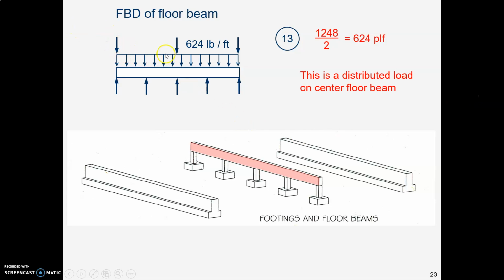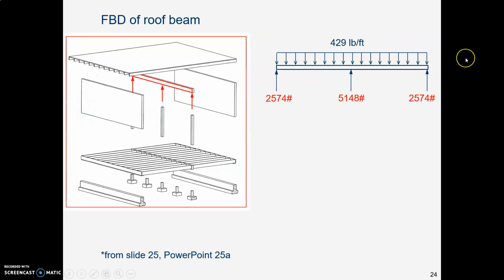Now let's figure out what's happening with these columns up here. And those columns, here they are in the exploded view, those columns support the roof beam, don't they? So we could turn to our free body diagram of our roof beam to figure out how much weight was on each of those 3 columns.